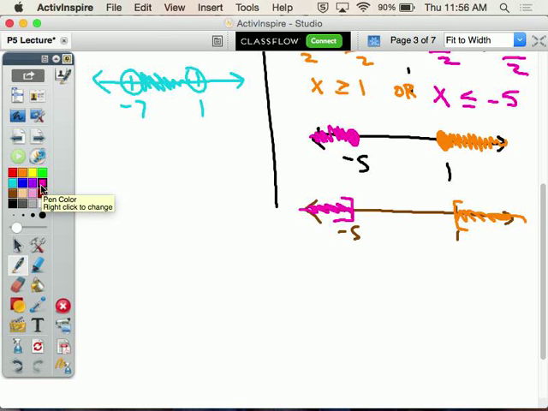The pink stuff. What's to the far left of the pink? What's the smallest thing it is? Negative infinity. Remember, it's never a bracket, so it's negative infinity, and it stops at -5. And because the -5 is included, whatever symbol you see in the new way, you put down.